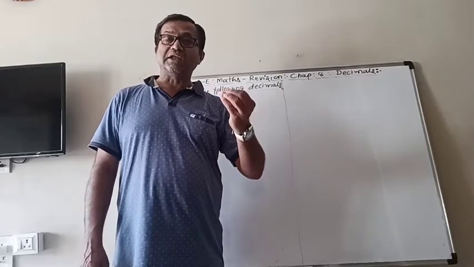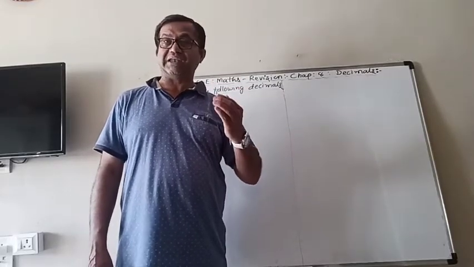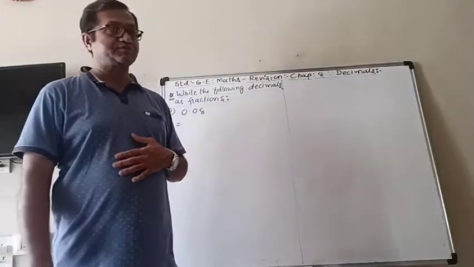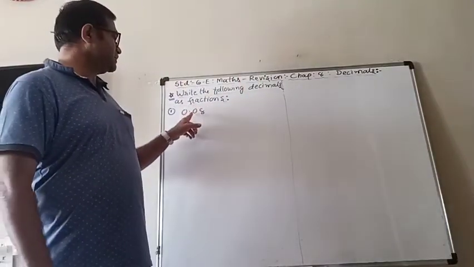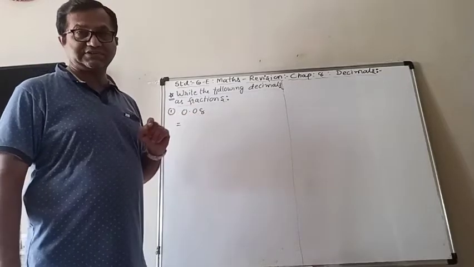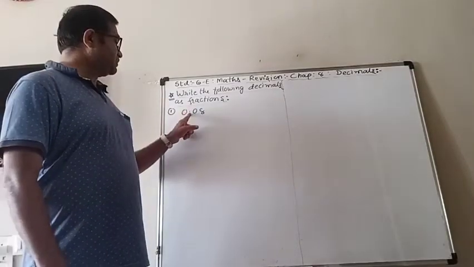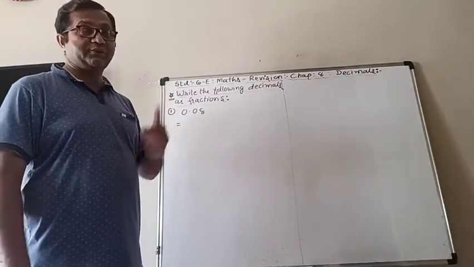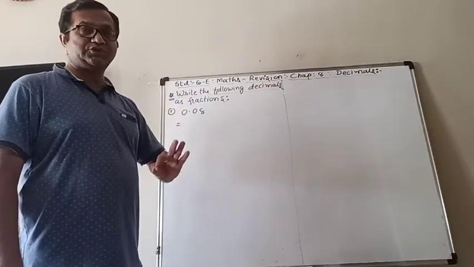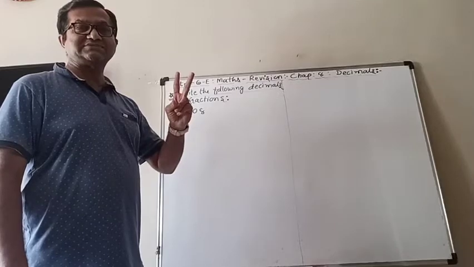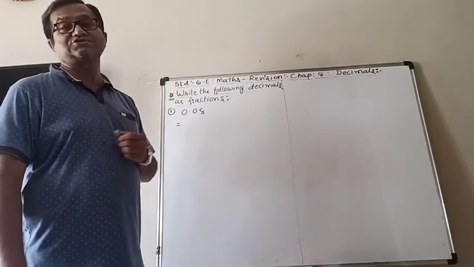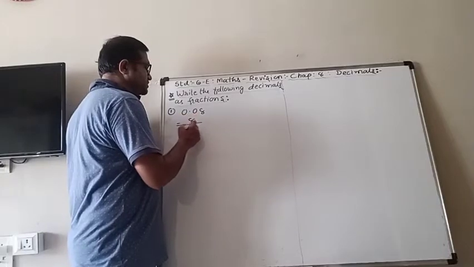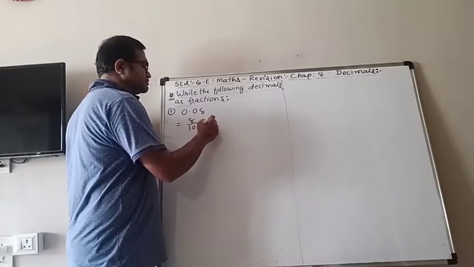According to that we put 10, 100 or 1000 in the denominator. Here you can see that there are two decimal places after the decimal point, so we have to put 100. If one decimal place, you put 10. Two decimal places, you put 100, and so on. So here it is written as 8 upon 100.